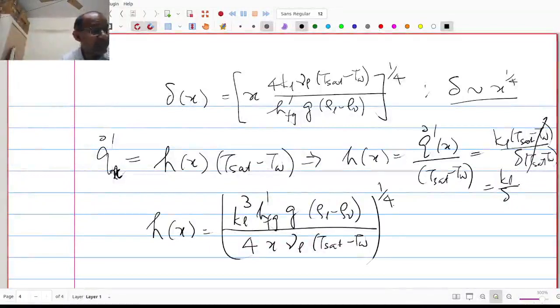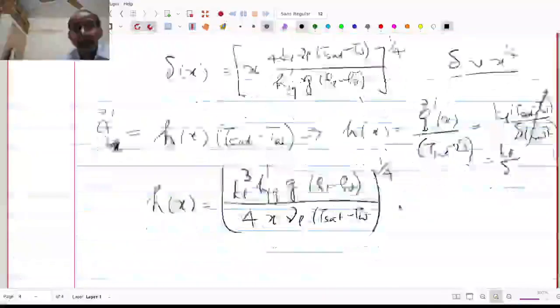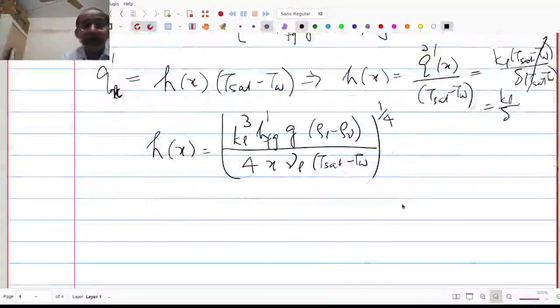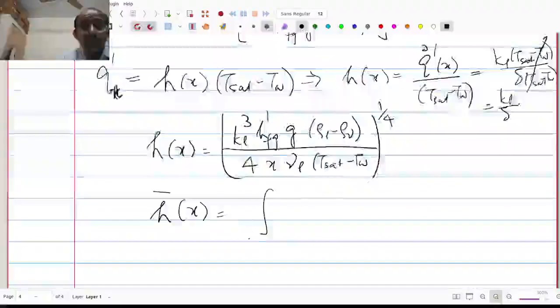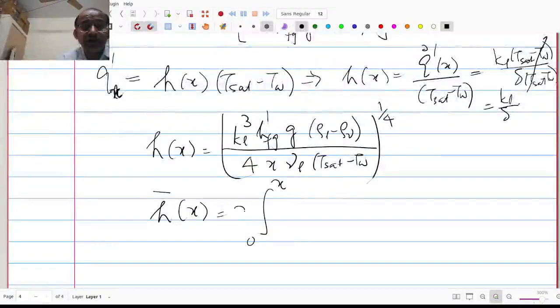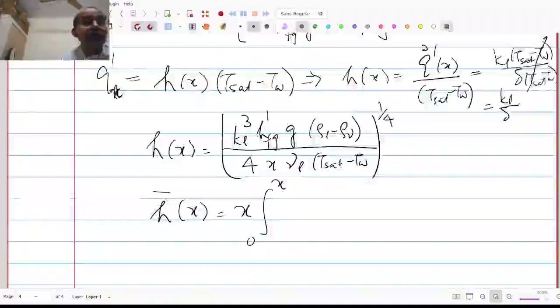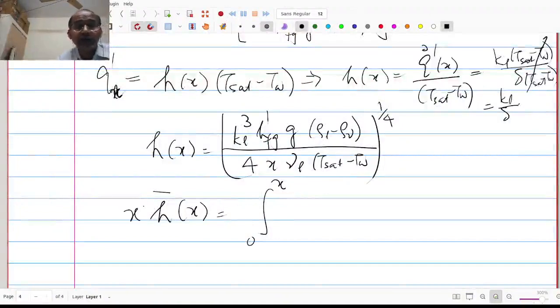So this is the local heat transfer coefficient, and h bar at any x would be equal to the integral from 0 to x of h of x dx.